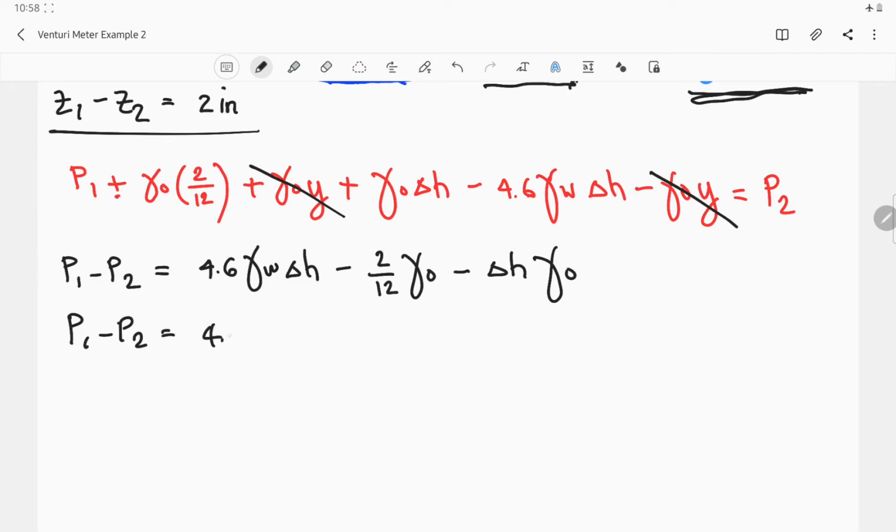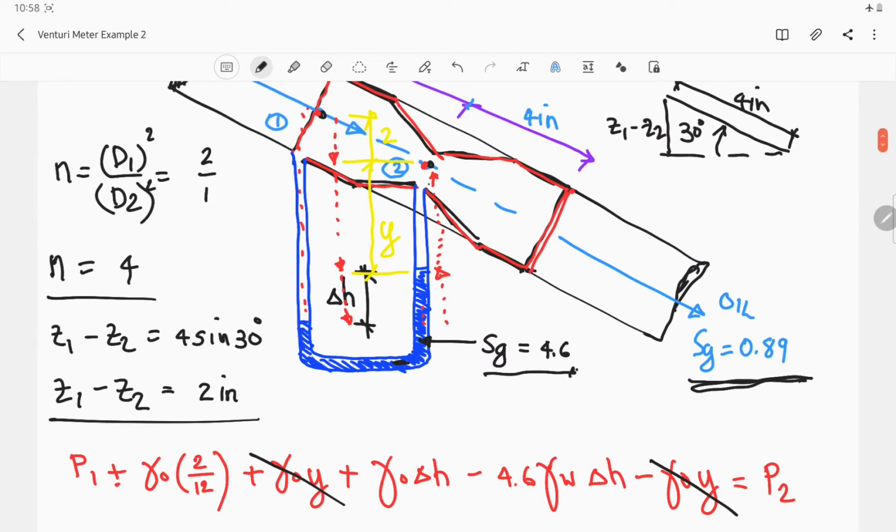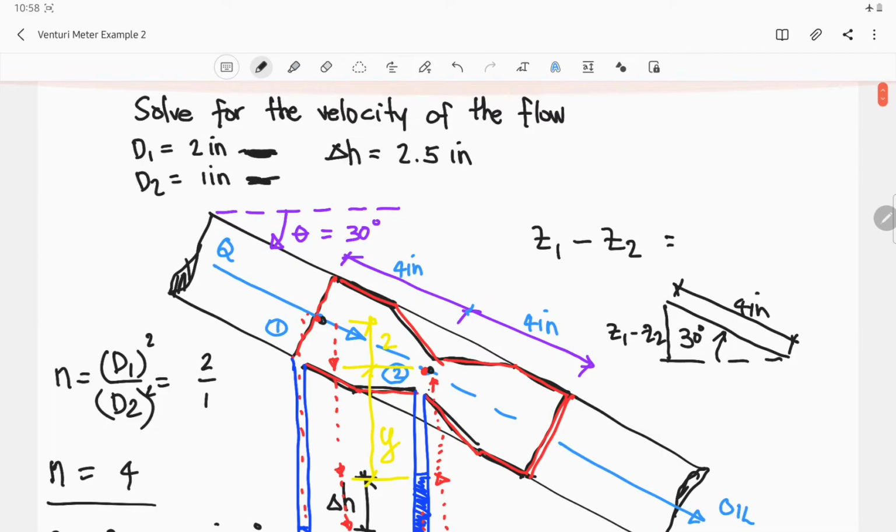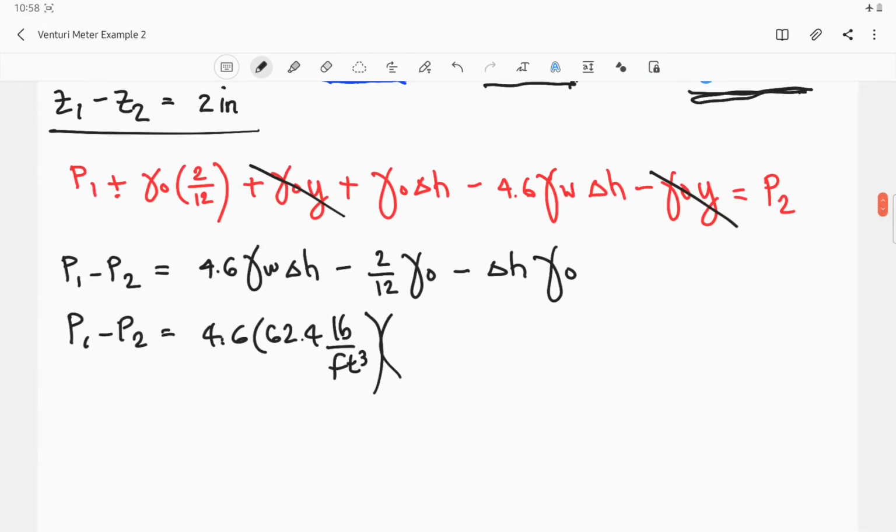That's 4.6, the specific gravity, times gamma of water, which is 62.4 pounds per cubic feet, times delta H, which is 2.5 inches, so 2.5 over 12, already in feet.